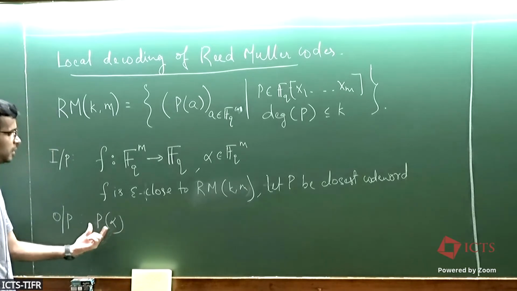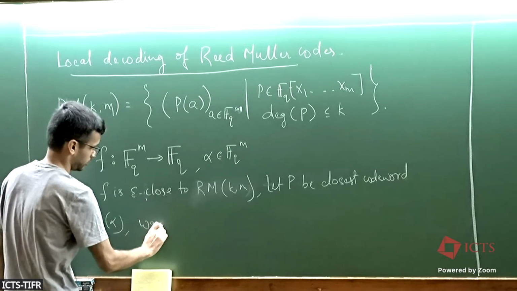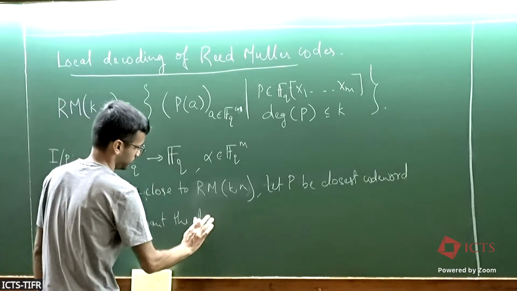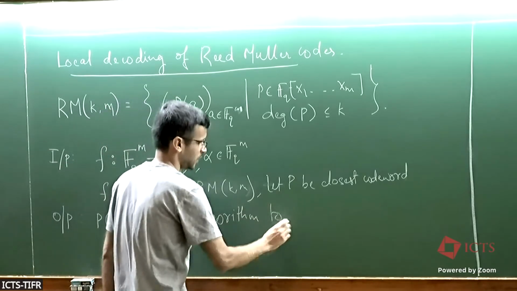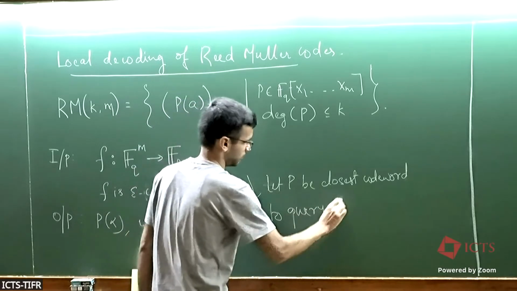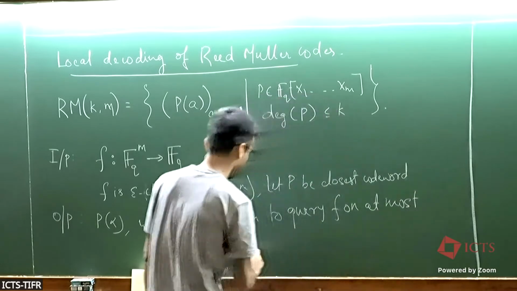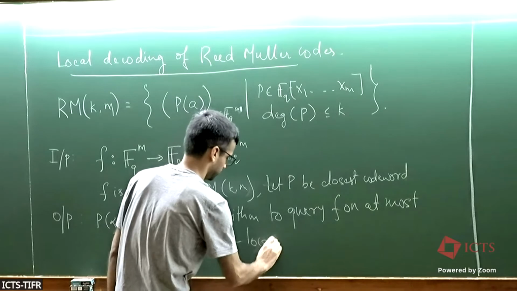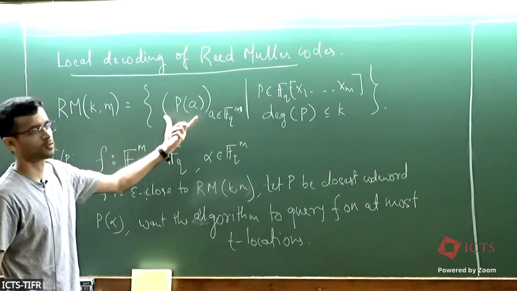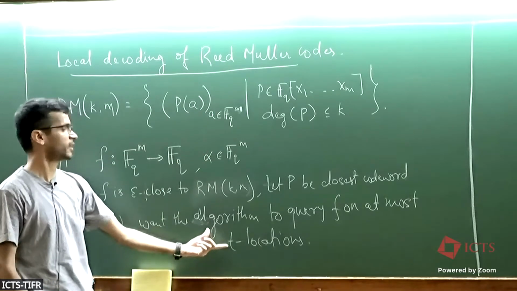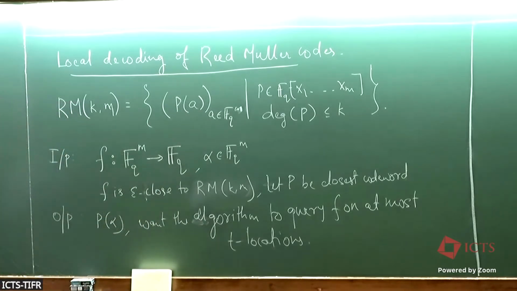So we want to output the evaluation of p at the input alpha, and we want the algorithm to query f at at most t locations. Note that the length of the vectors, the code words, is q to the m, and we should really think of t as something much smaller than the total length, the block length of the code.